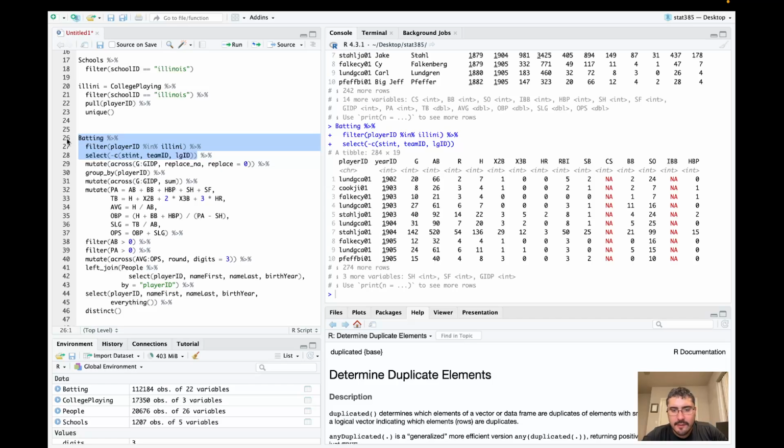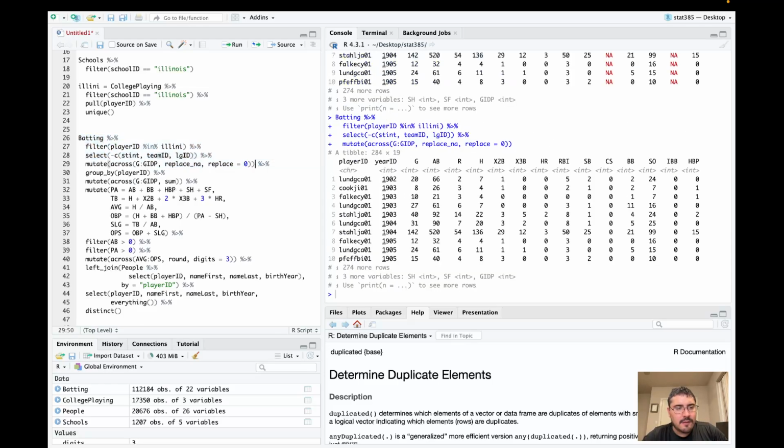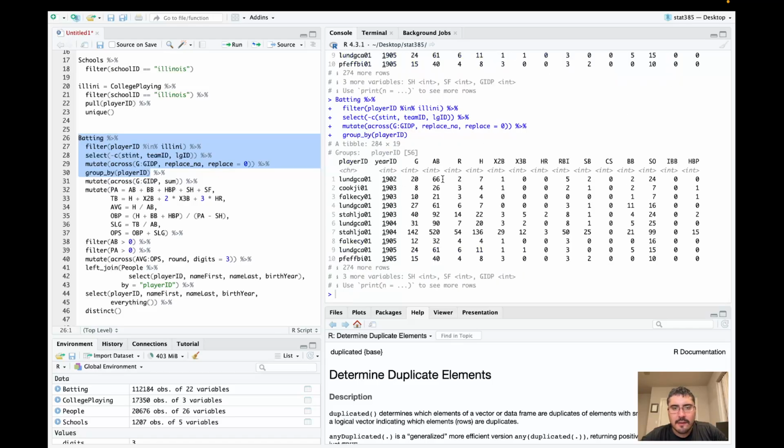So I get this. That's 274. I do this. Group by player ID. Okay, so this is player ID. There's 56 players. Oh, I see. Oh, nope, that's not it.